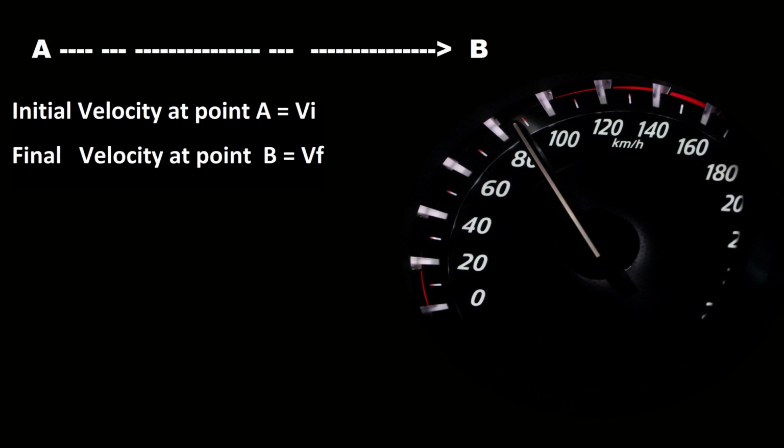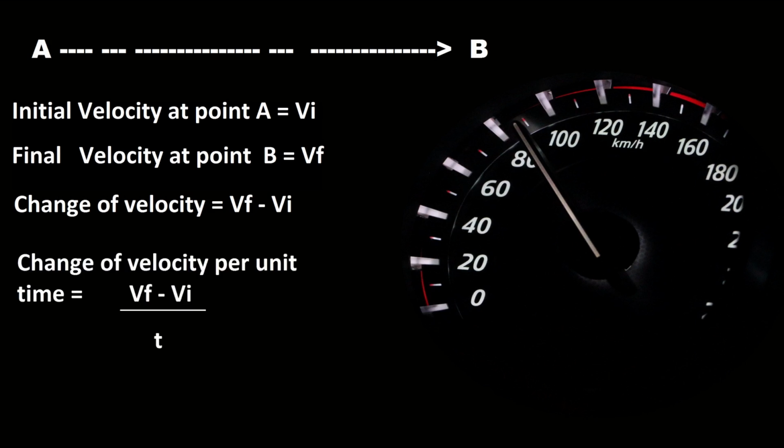Since there is a change in the velocity from Vi to Vf, the change will be represented as Vf minus Vi. According to the definition of acceleration in physics, it is the change in velocity per unit time, or in other words, the rate of change of velocity, which is mathematically expressed as Vf minus Vi upon t.